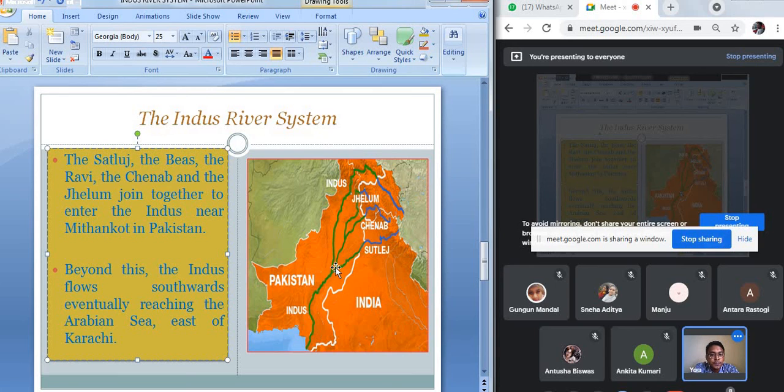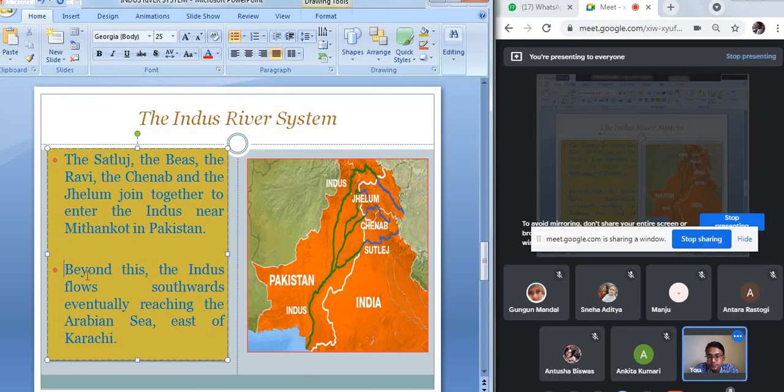at Mithankot. So this is the place known as Mithankot, where the river Indus is joined by the five important tributaries, that is the Satluj, the Byas, the Ravi, the Chenab and the Jhelum. After this, the river Indus starts flowing towards the southern side, and finally it drains its water in the Arabian Sea.